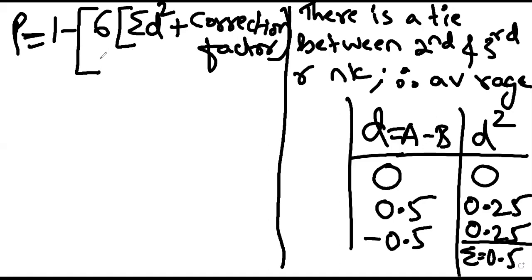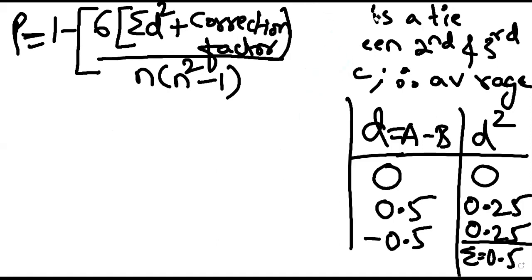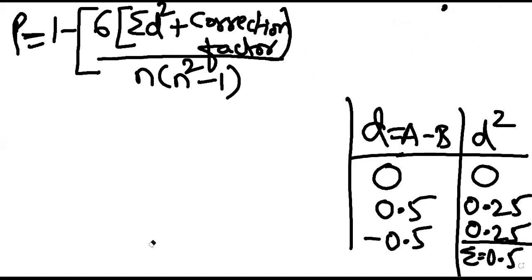That is the only change. There won't be any more. Is it fine? So the only difference is that the summation d square will be added to the correction factor. Everything else is the same.